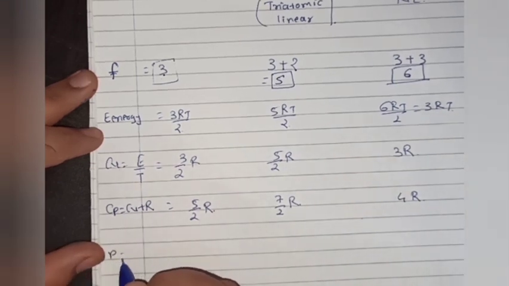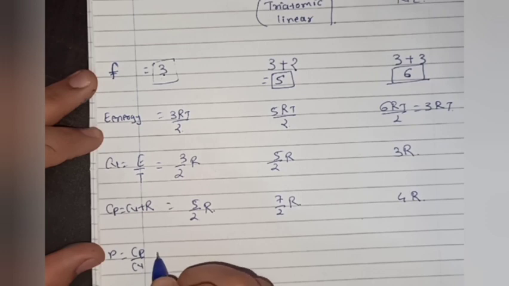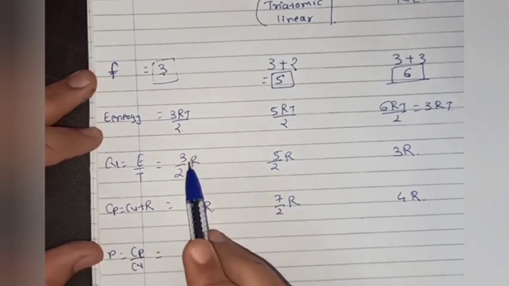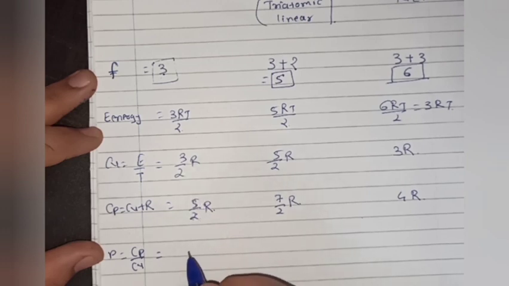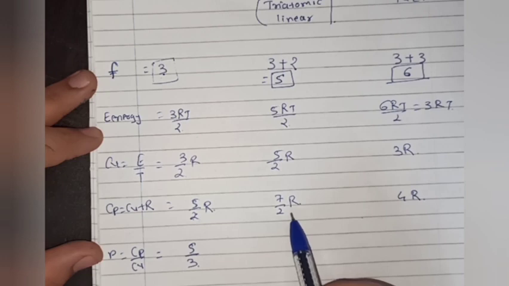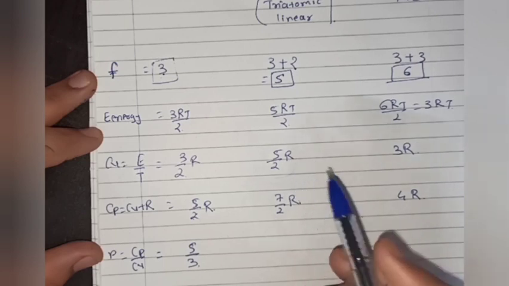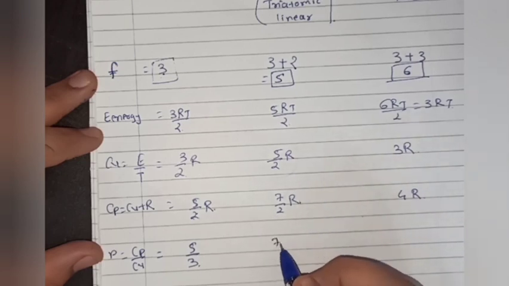The gamma is the ratio of Cp by Cv. For monoatomic it will be 5 by 2R divided by 3 by 2R. So that will give us the answer 5 by 3. For diatomic or triatomic linear, 7 by 2R divided by 5 by 2R. So it will give us the answer 7 by 5.